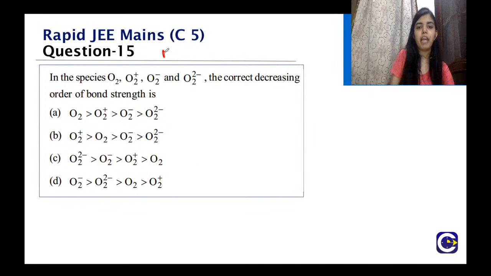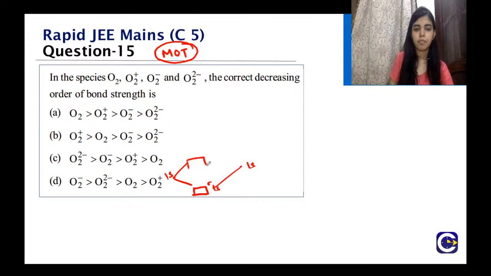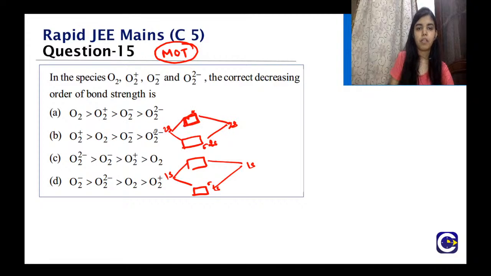Question number 15, again from molecular orbital theory, a very important question. For oxygen, draw the MOT: 1s, sigma 1s, sigma star 1s, 2s, sigma 2s, sigma star 2s, then you will get sigma 2pz, pi 2px 2py.